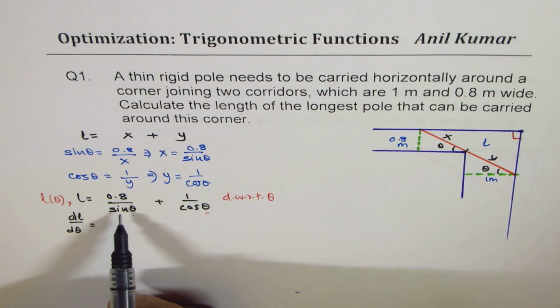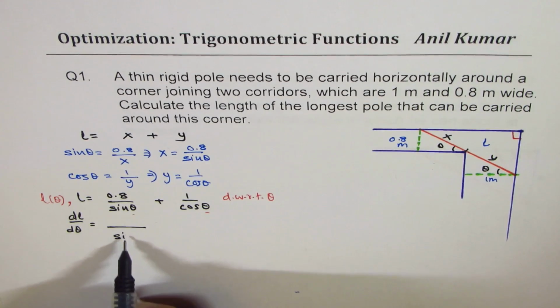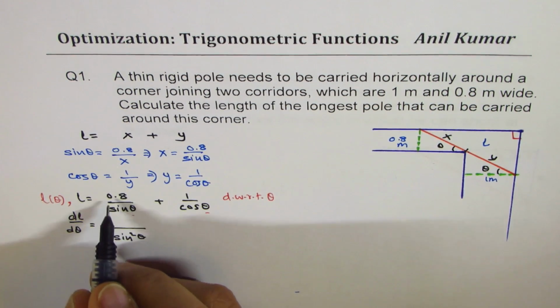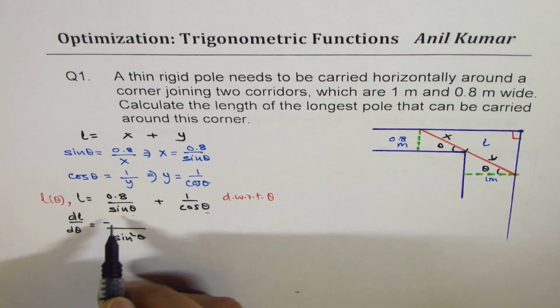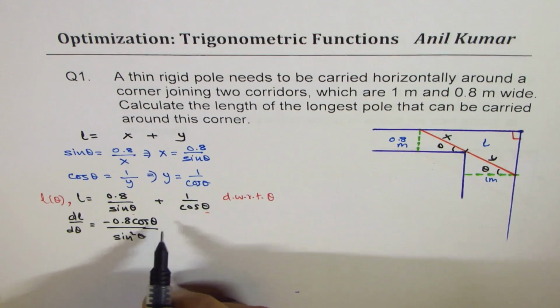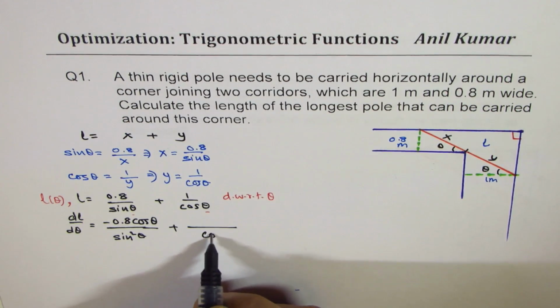Now here we'll apply the quotient rule. So we get sine square theta in the denominator. Derivative of sine theta is cos theta, but with a negative sign because this is to the power minus 1. 0.8 cos theta, correct? And here we get cos square theta.